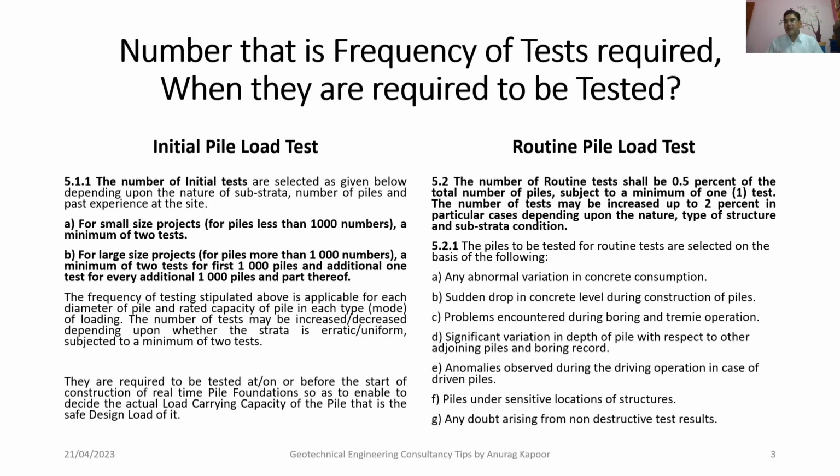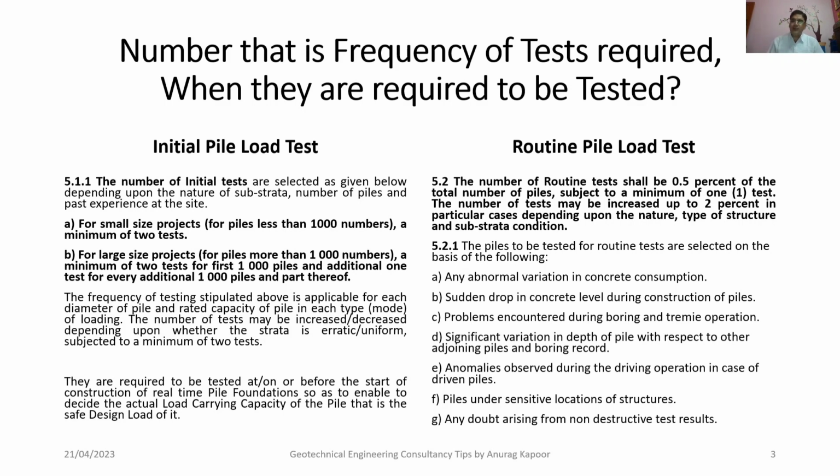Now, why does the routine pile load test need to be done at the site? The criteria are decided on the following points. A, if we encounter any abnormal variation in concrete consumption while constructing the pile. B, if we find any sudden drop in concrete level during construction of piles.